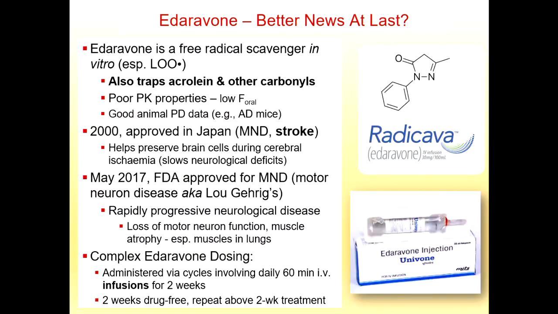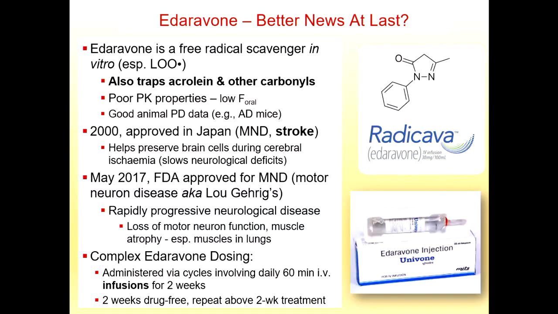But it was approved 20 years ago in Japan for treating stroke, and it turns out Japanese researchers believe acrolein is a major mediator of stroke injury during ischemia and reperfusion injury, so they use edaravone. It's interesting that it works pretty well in stroke. But then in the US, they approved it in 2017 for treating Lou Gehrig's disease.